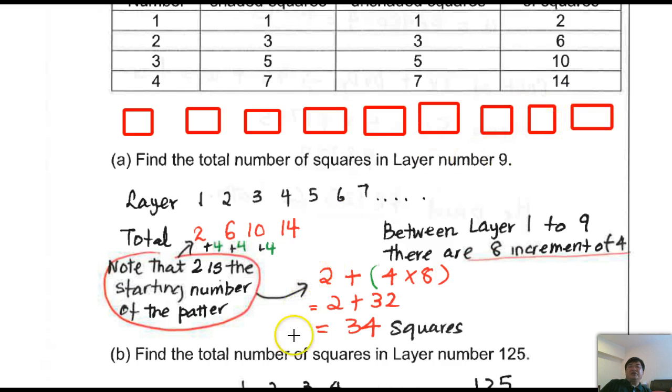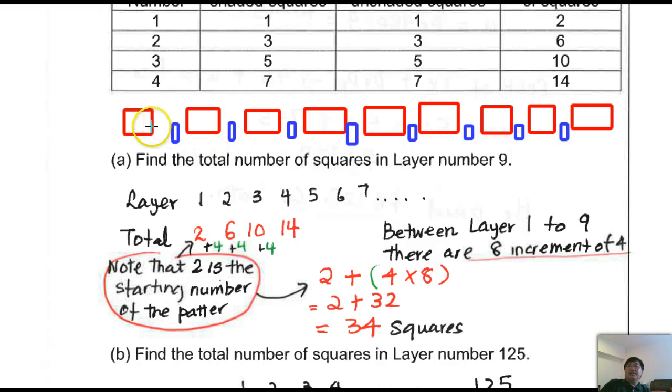Now just remember the increment over here is 4. And how many increments are there? You count properly. 1 increment, 2 increments, 3, 4, 5, 6, 7, 8. So when there are 9 layers, there are 8 increments.